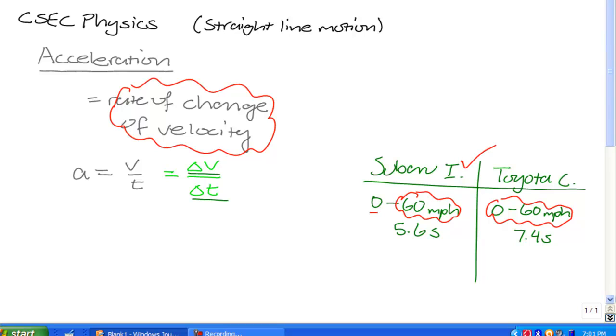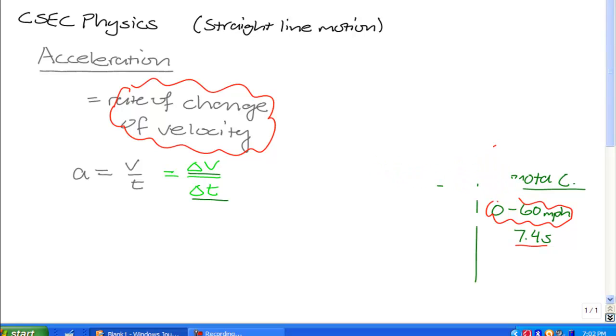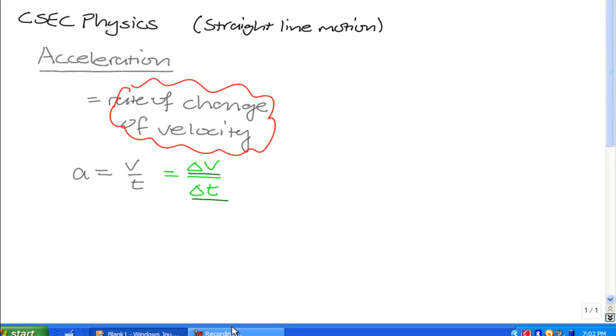And the reason is because it takes less time, 5.6 seconds, for it to reach 60 miles per hour than the Toyota Corolla does. So it has a higher acceleration. Why? Because the size of the change in velocity takes place in a smaller period of time. So the rate at which the velocity changes is larger for the Subaru than for the Toyota Corolla, right? So acceleration is the rate of change of velocity.